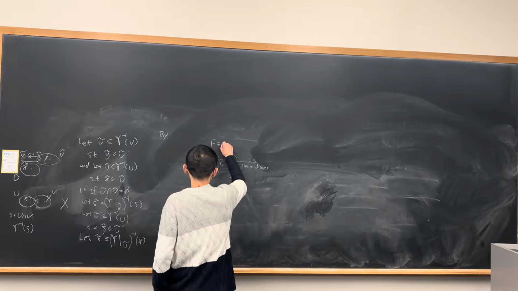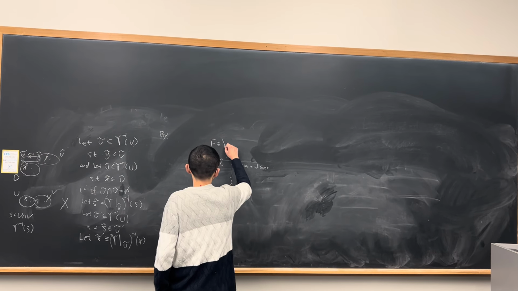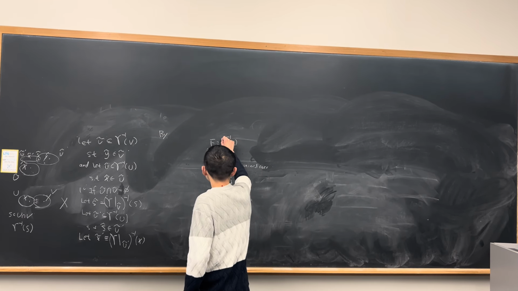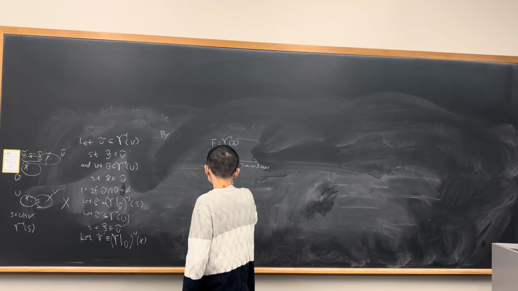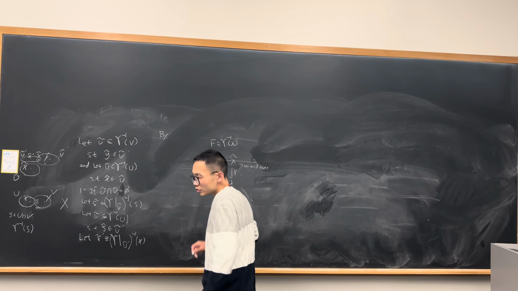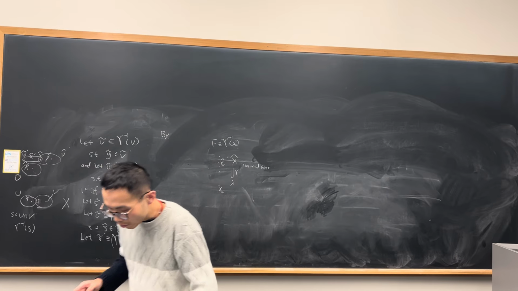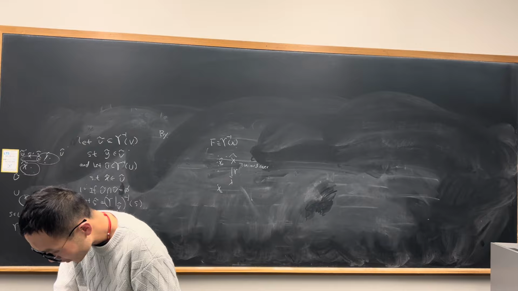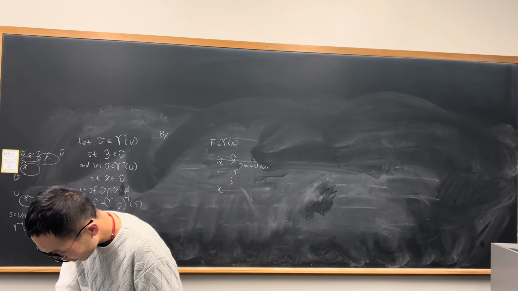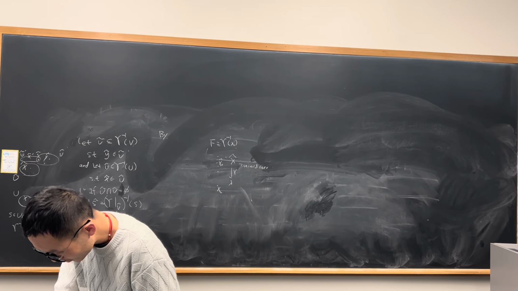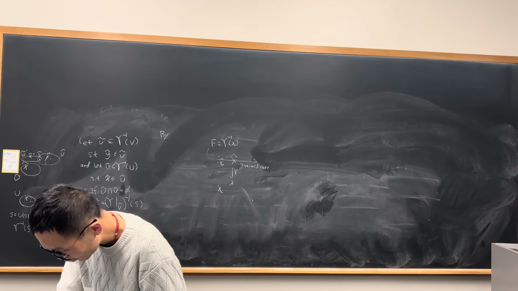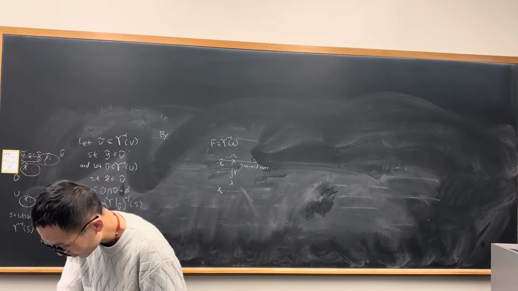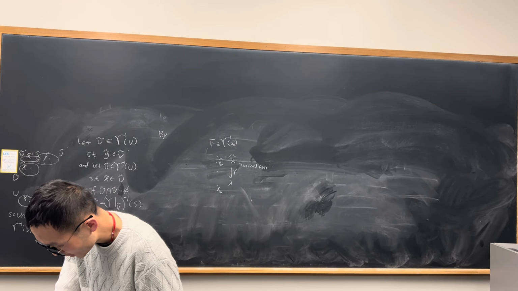Then we consider all the fibers, F, to be the fiber over x naught in x tilde. And then we say that the identification of this element of the deck transformation to its image of this x naught tilde is a bijection.